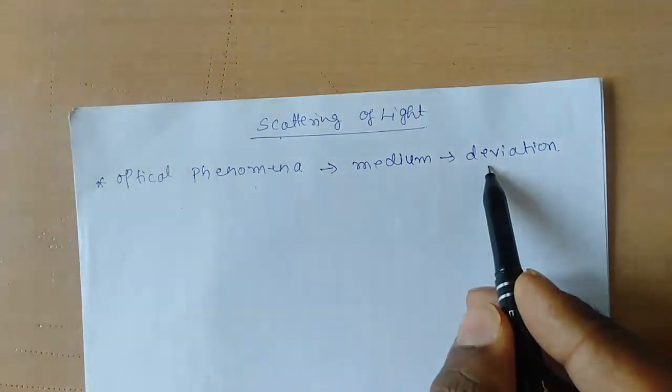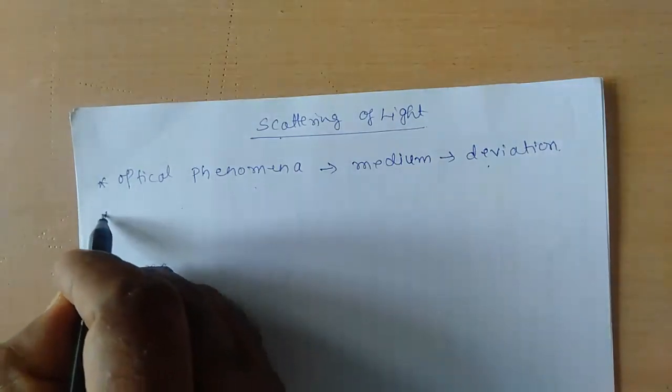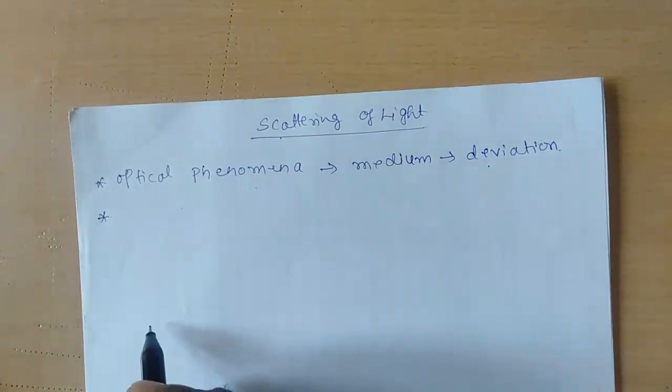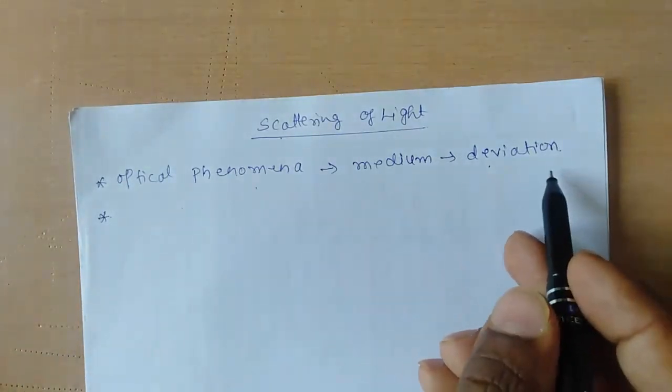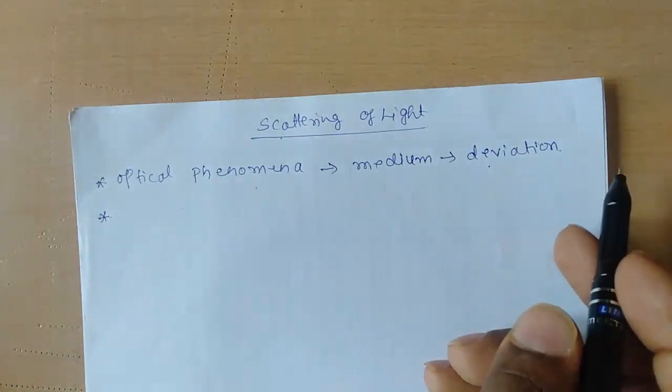Basically, scattering of light is nothing but a deviation in the direction of the incident light.